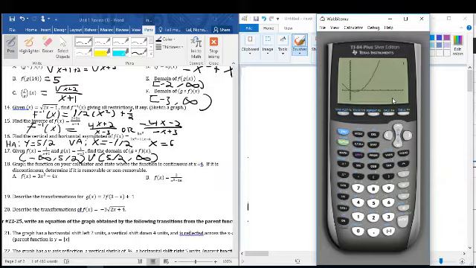So at x equals 4, you do have the function continuous. So for a, it is just continuous.